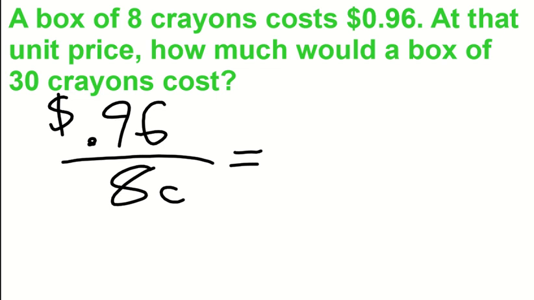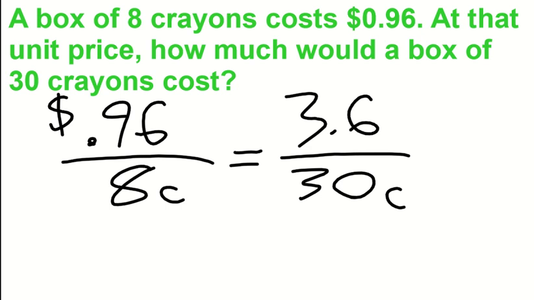We want to know how much for 30 crayons. So we just make a proportion. 30 times 96 cents divided by 8. It gives you 3.6. Since it's money, we have that 0 at the end, so we get $3.60. Any questions there?